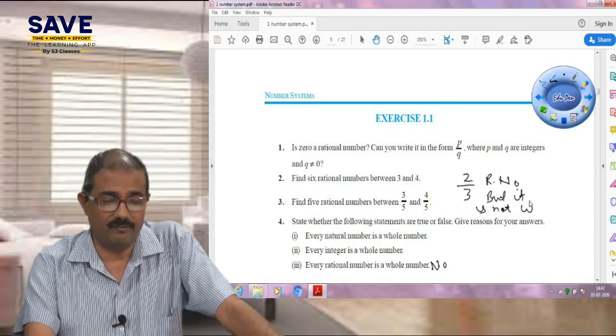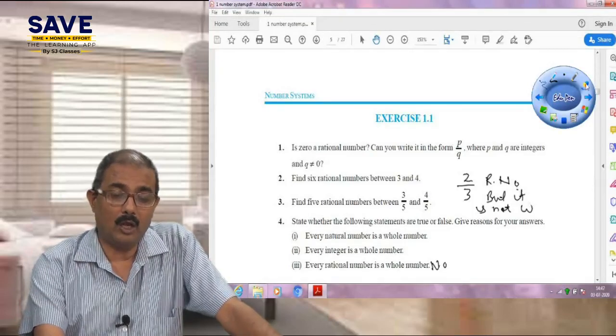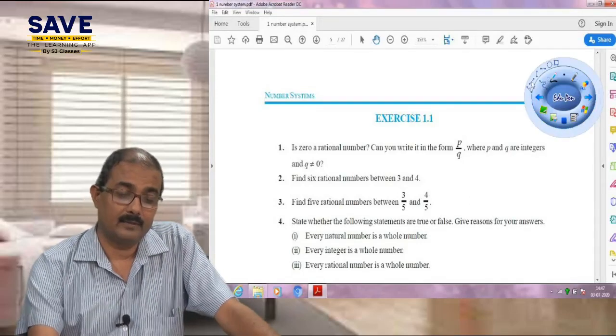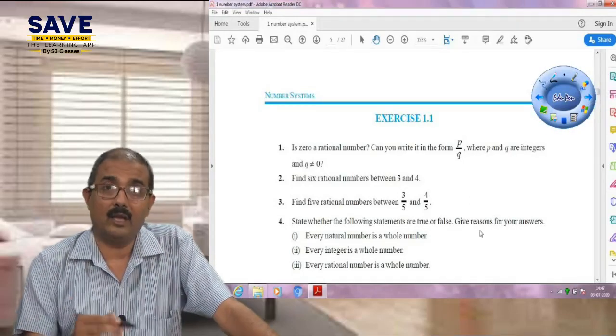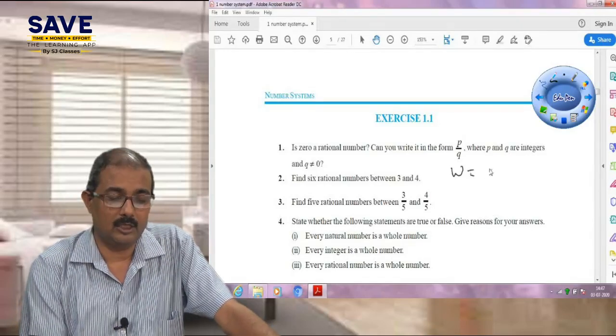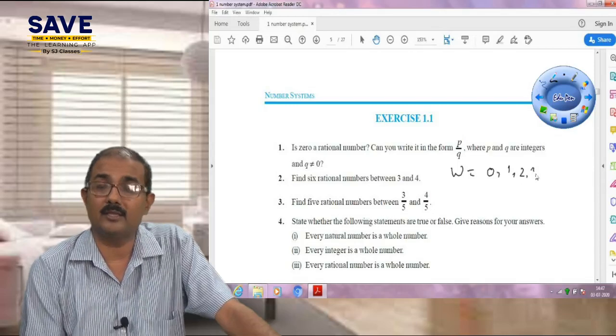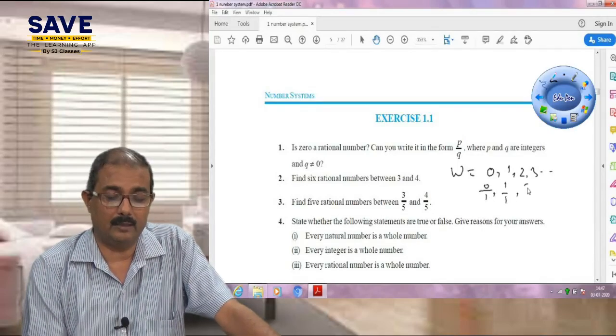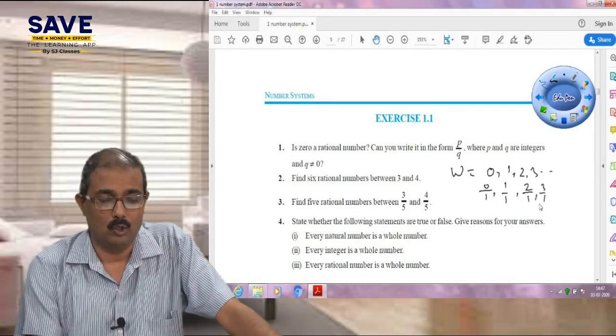But let us take the reverse, whether all whole numbers are rational numbers. Let us take the whole numbers 0, 1, 2, 3 and so on. Now we can put 1 below them. Now they come in the form p upon q.